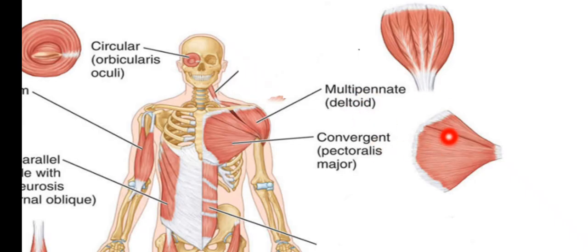Lovely. I can also see that this picture is almost putting things in order, like that's the way I wanted them to be. Remember, I said I wanted you to understand the difference between convergent muscle and multipennate muscle. So if you look at it, see, the multipennate muscle has got branched tendons in the middle, right? But if you're talking about a convergent muscle, it's simply a muscle that has got a broad origin.